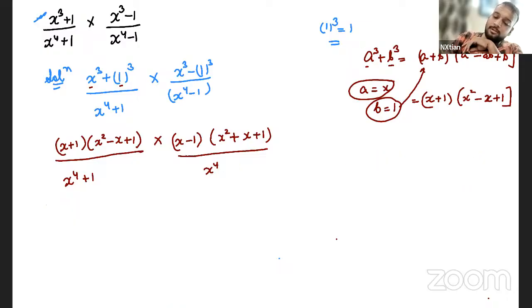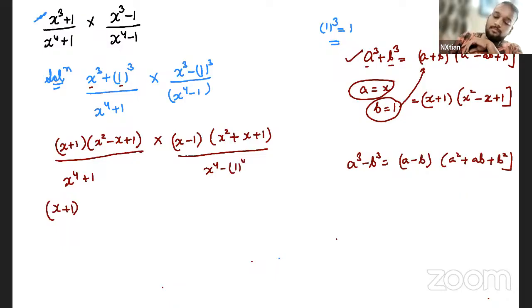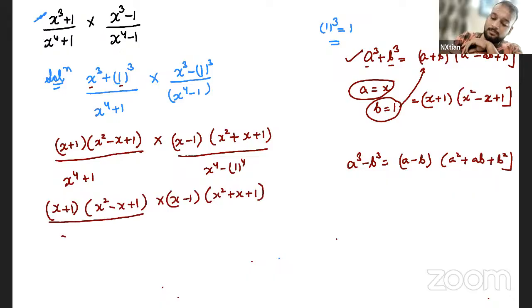Because 1 to the power 4, the answer is also 1. So x plus 1, x square minus x plus 1 into x minus 1, x square plus x plus 1, over x4 plus 1.